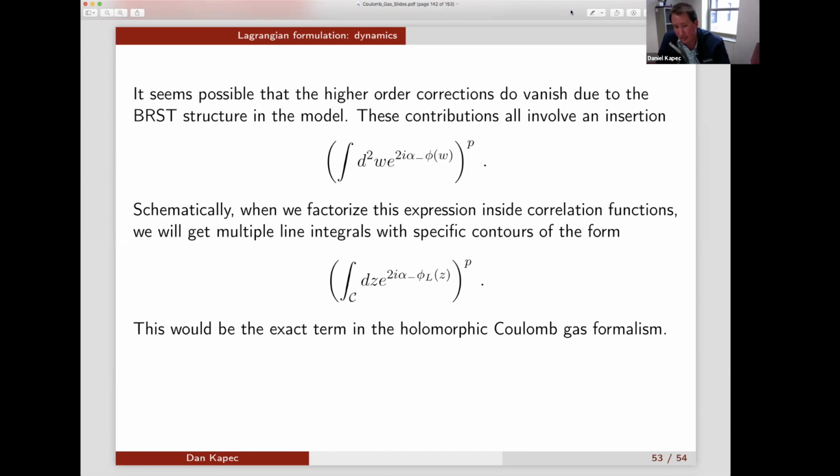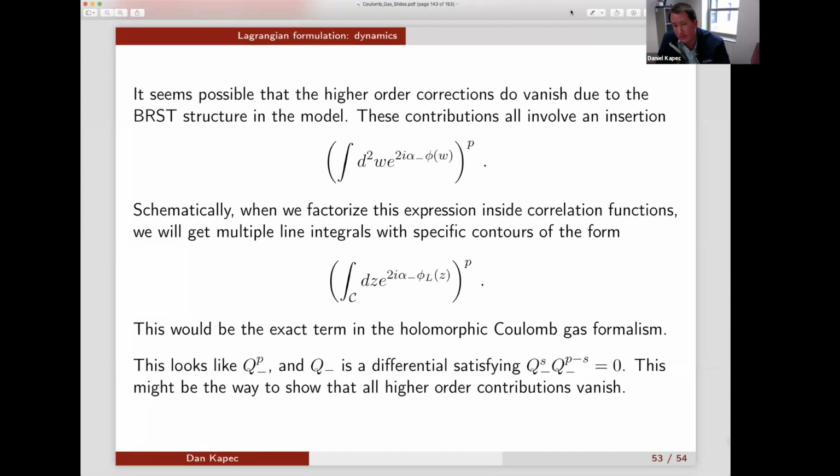And in fact, if you were just trying to do this in the holomorphic Coulomb gas formalism and had no idea which contours you were supposed to use, this is exactly the thing that you would insert. But that operator looks like Q minus to the p, and Q minus was this differential, which essentially satisfied Q minus to the p is equal to 0. So I don't know whether or not this can be formalized into a proof, but it looks kind of suggestive. And I think if it is true that in the more general cases perturbation theory does truncate, my guess is that it has something to do with this slide.